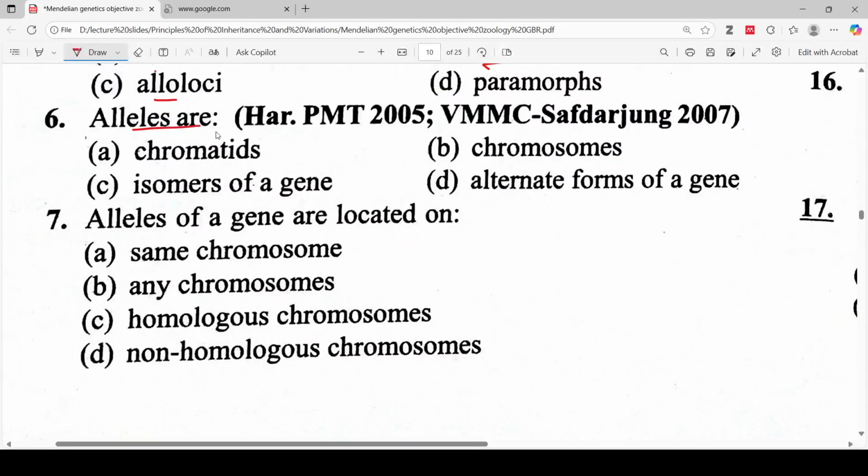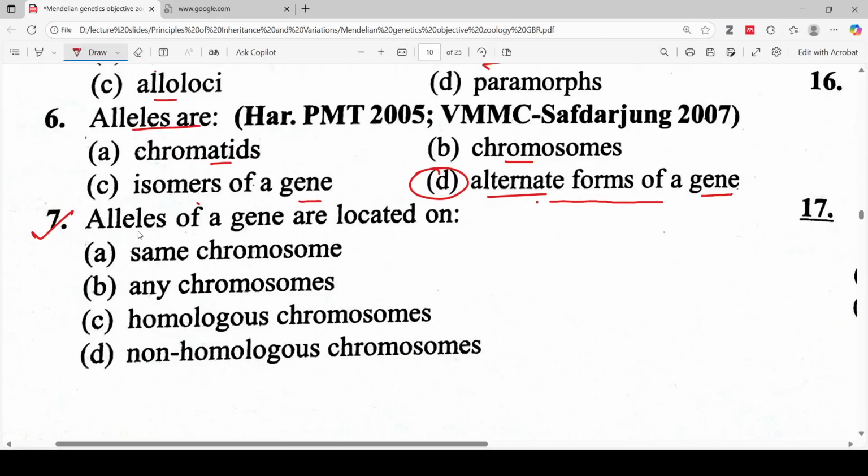Alleles are again from the alleles: chromatids, option B, chromosomes, option C, isomers of a gene, alternate forms of a gene. So the correct answer will be alternate forms of a gene.